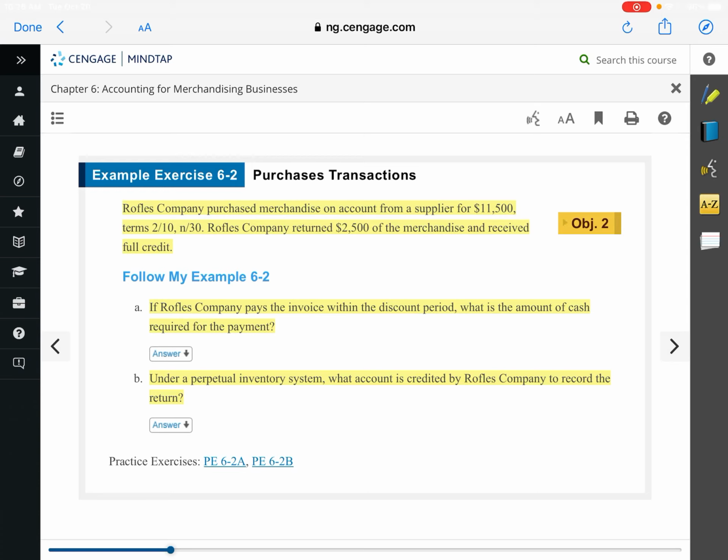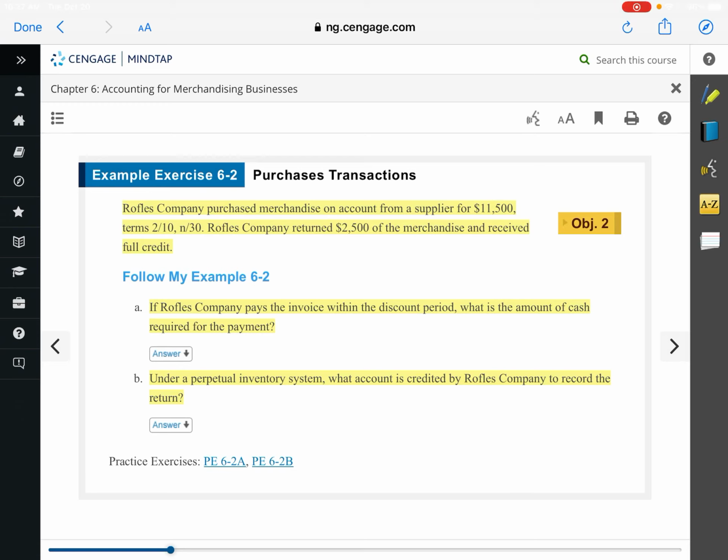So the net price after the discount is $11,270, less the return of $2,450. So you have to take the discount individually. So it'll be $8,820.